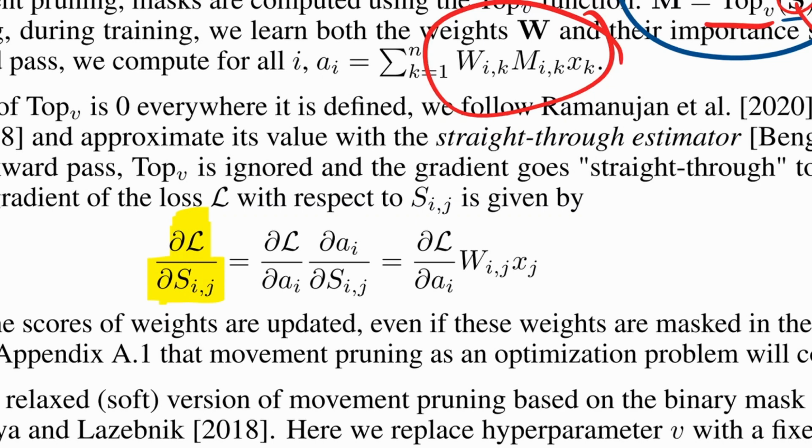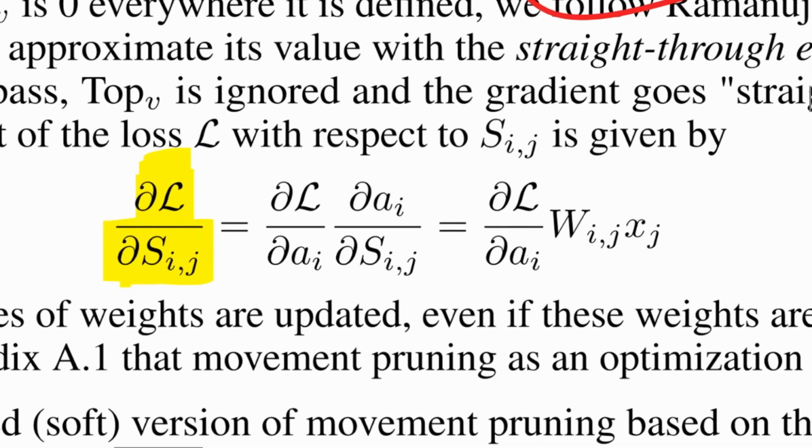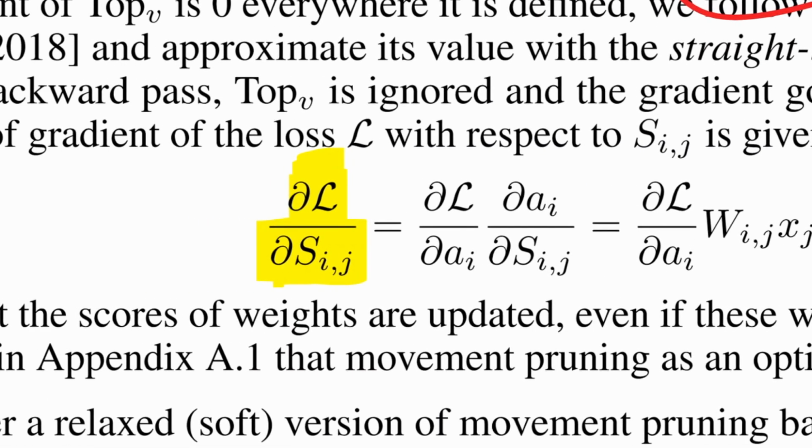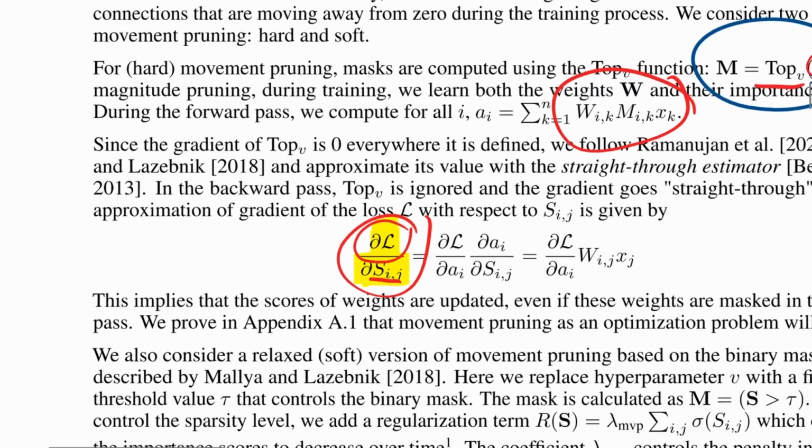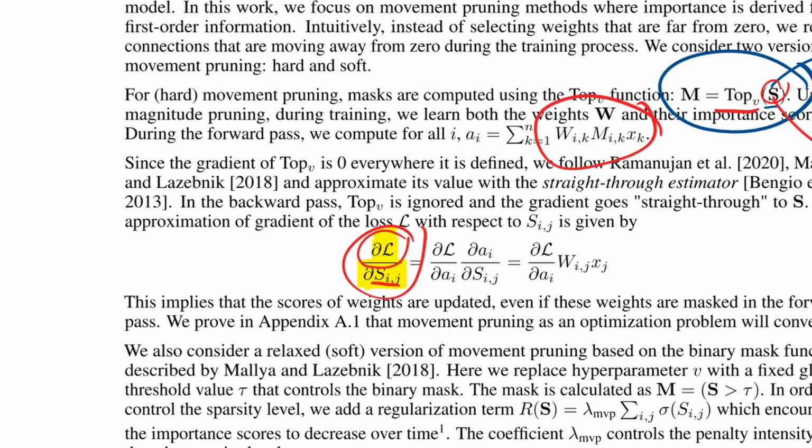What does it mean? It means, let's consider this quantity right here. If S is the importance of a particular connection, and if the gradient is large, that means this connection moves a lot, right?